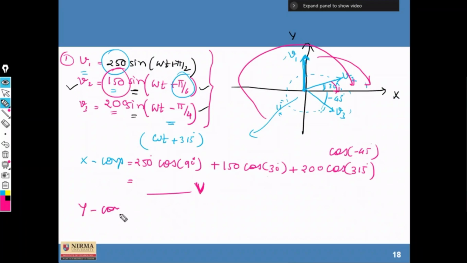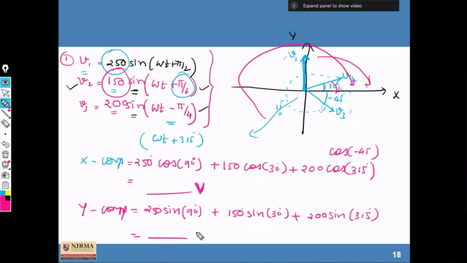Y component is equal to 250, you can easily write the y component by simply replacing the cos term in the above equation, plus 150. Find out the x component and y component as early as possible.